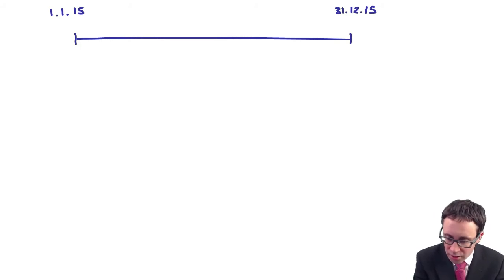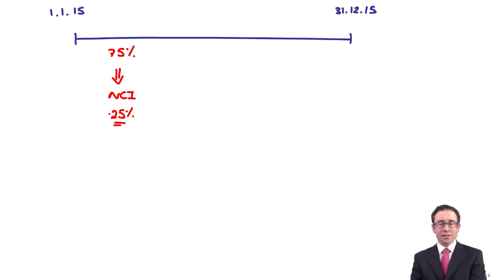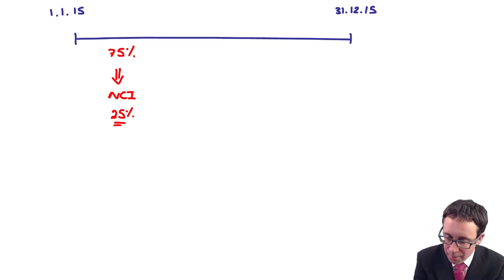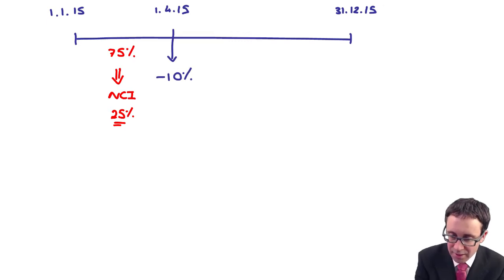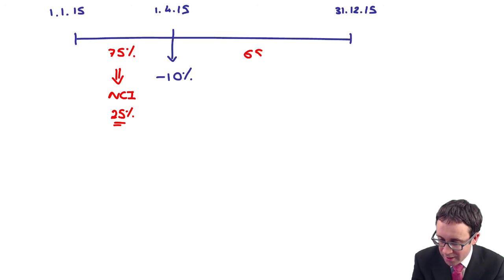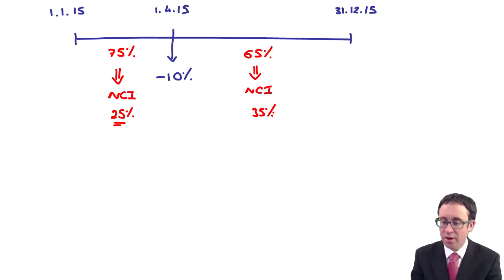And what we initially started off with was a 75% holding, which meant that the non-controlling interest was 25%. And then what happened was that on the 1st of April 2015, we sold 10%. So therefore we now have a 65% ownership, giving us the non-controlling interest at 35%.